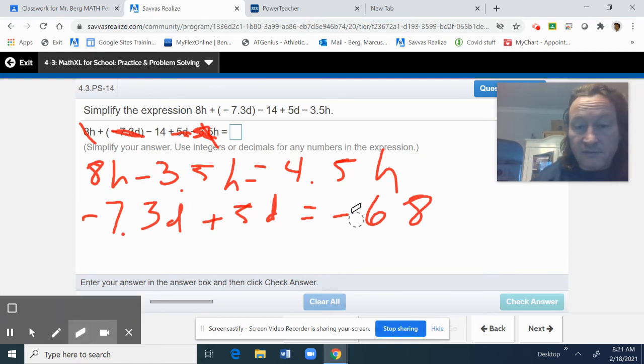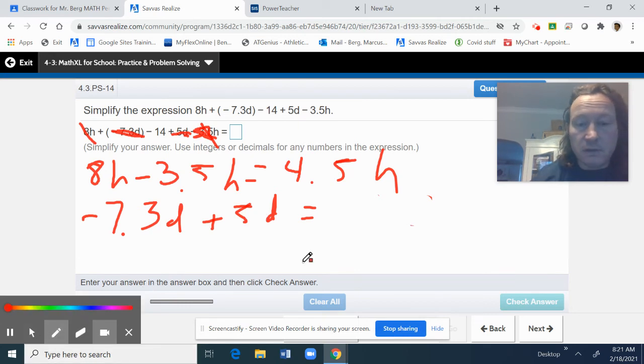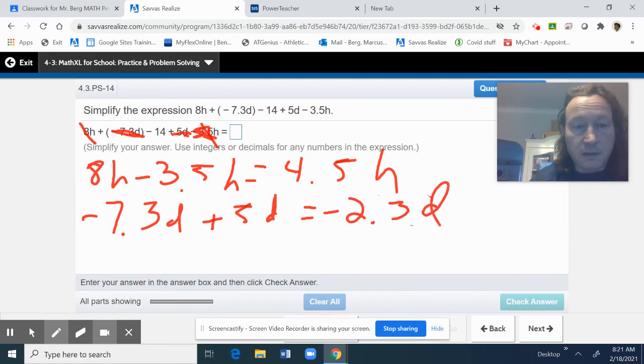Negative 73 plus 50. So you have the 5 and the 7, that'd be like 5.0. So it's going to be negative 2.3D. And then we just have this last minus 14 and nothing else with it.